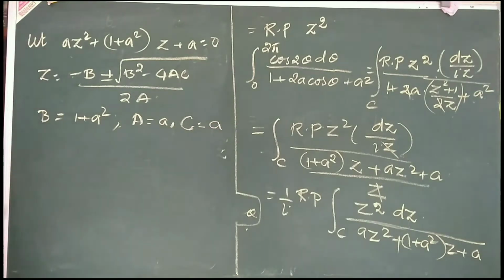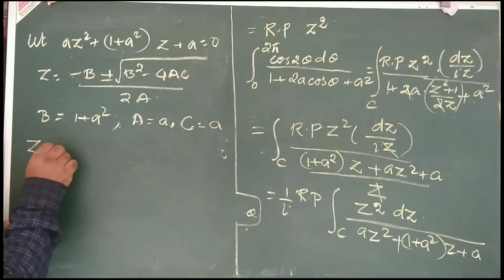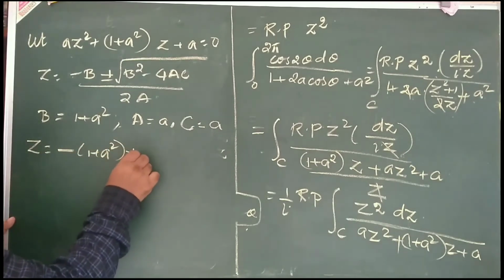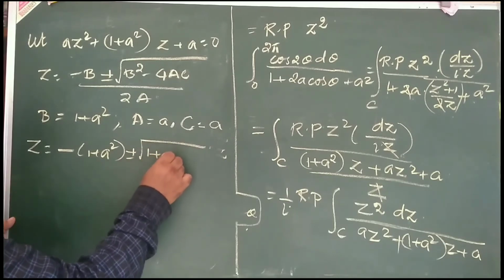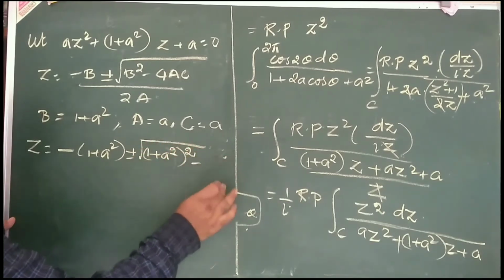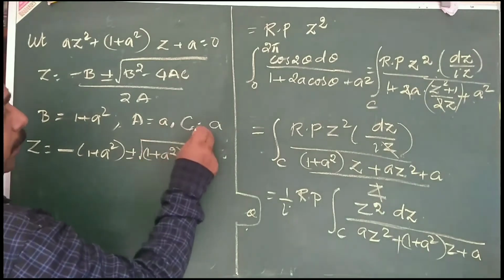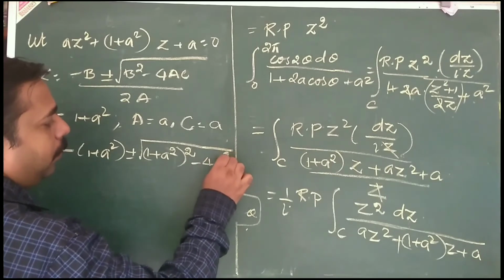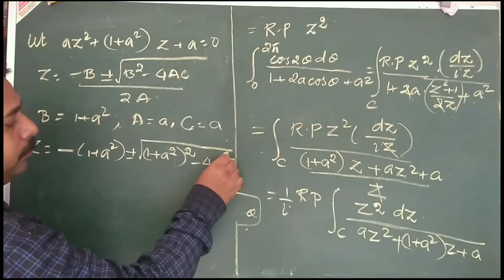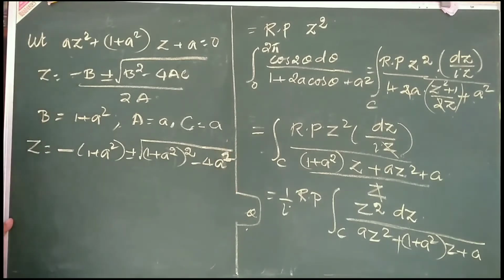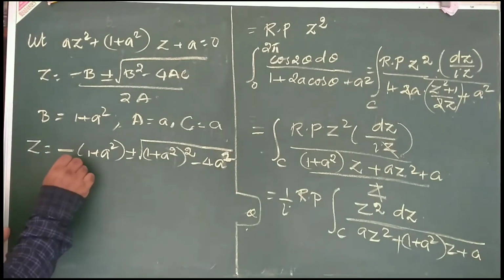Substituting, z is equal to minus 1 plus a square plus or minus root of 1 plus a square the whole square minus 4ac, that is 4a square, the whole divided by 2a.